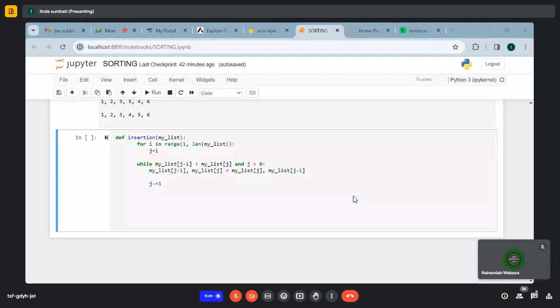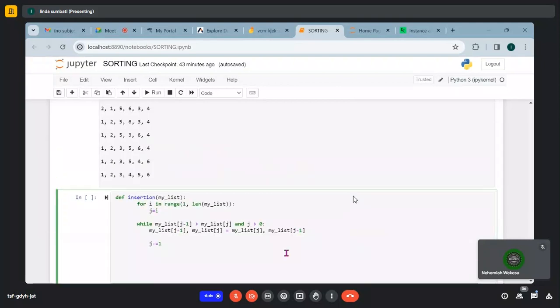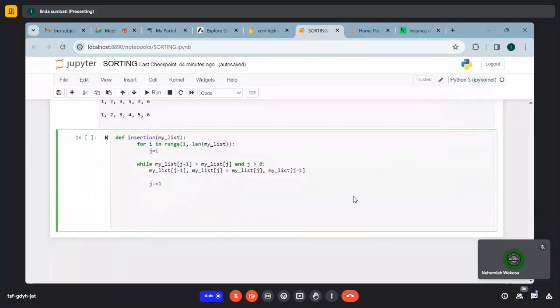If both conditions are true, then it swaps. And when it has swapped, j decrements. That is what we have understood. So I don't know if you people, or anyone who has a better version of it, can tell us, because I think this code can be written in many different ways. Let's run it. We are with you.